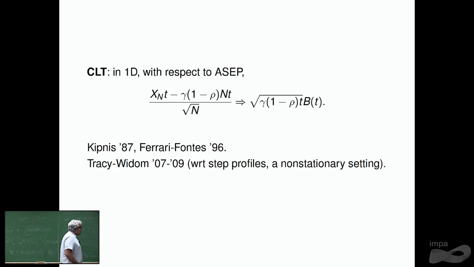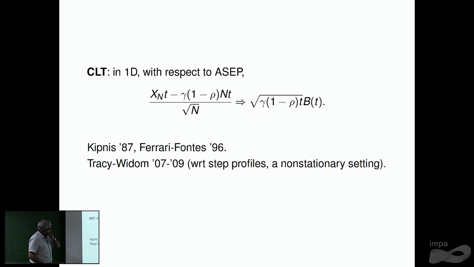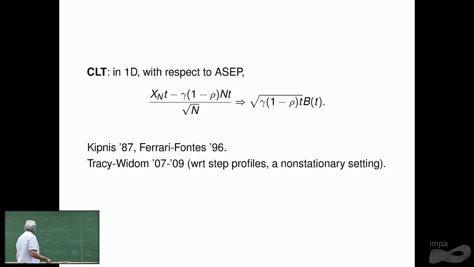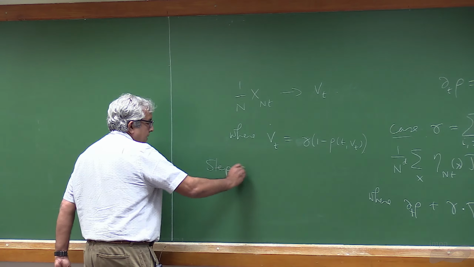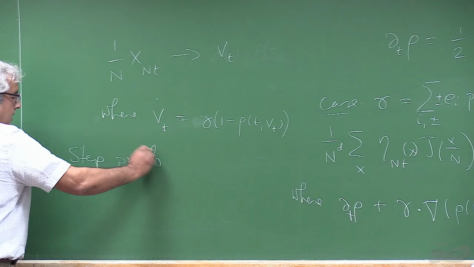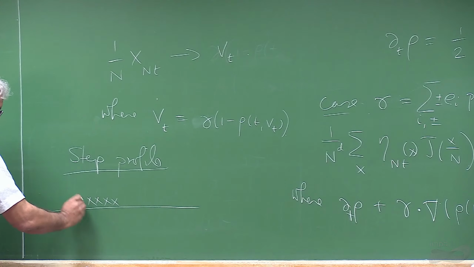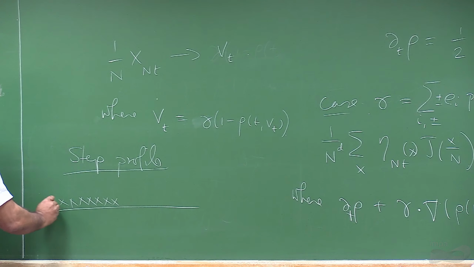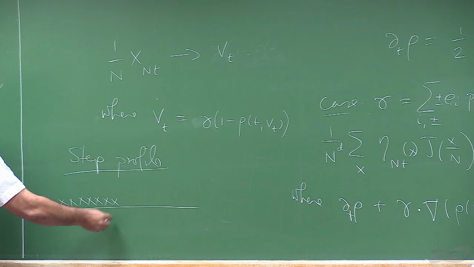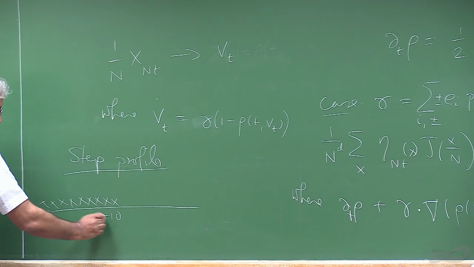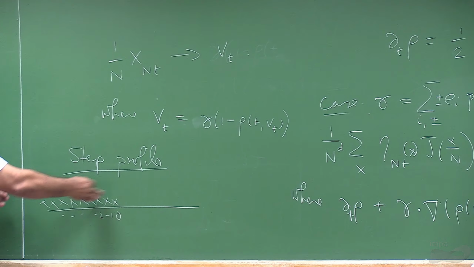This is all starting from the stationary state, and I'll mention later what happens if you come out of the stationary state. What would be something out of the stationary state? This could be one example, which is very much out of it: you start with particles like this.